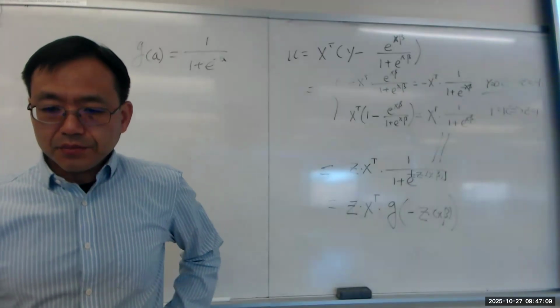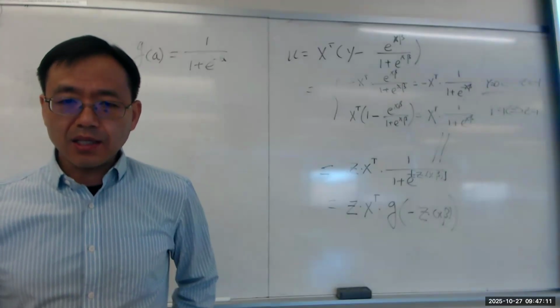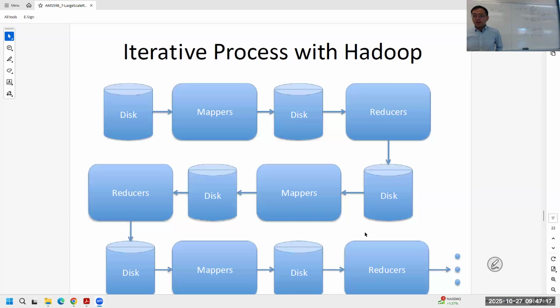Now if we come back to the slides, in order to fit our algorithm to big data, we're going to use a so-called iterative process with Hadoop MapReduce. So the first thing is we have the data on the disk. We go to the mapper, then we write to disk, then the reducer reads from disk and so on.